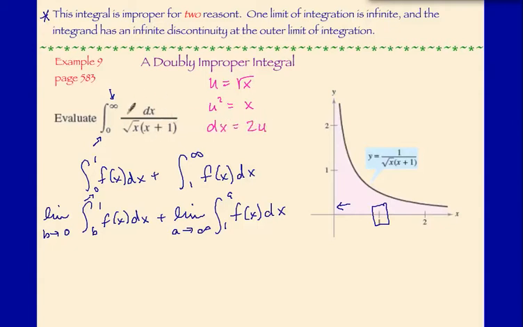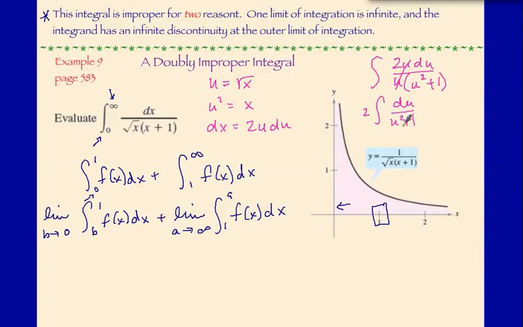If I rewrite the integral using u's, I get 2u du over u times u squared plus 1. The u's cancel, giving me 2, let's put the 2 on the outside, du over u squared plus 1. There's our old friend arctan again.